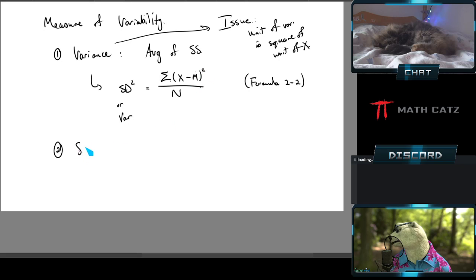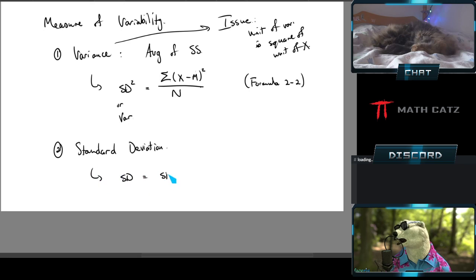So what we're going to do is take the variance and simply square root that, and then we'll have the same unit, and we'll call that the standard deviation, SD.